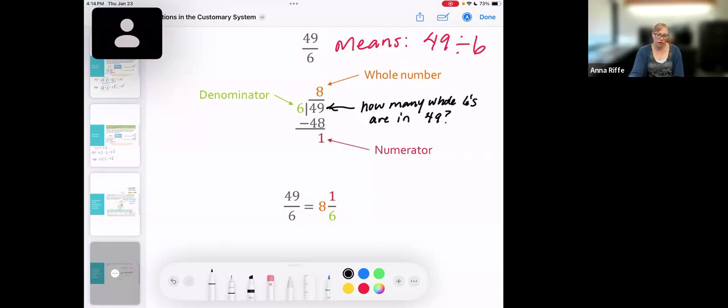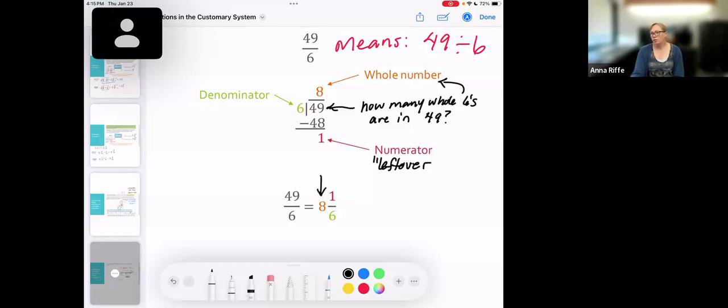And the answer to that is 8. I can take 6 out of 49 8 times, or I could take 8 groups of 6 out of 49. That doesn't give me the whole of 49. It gives me 48, but then I have this leftover 1.